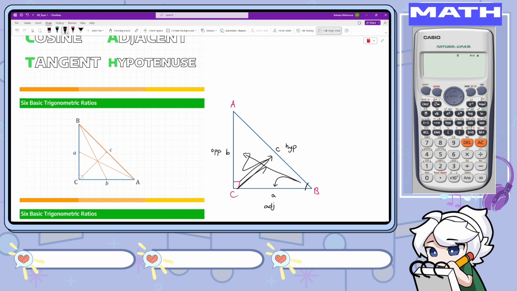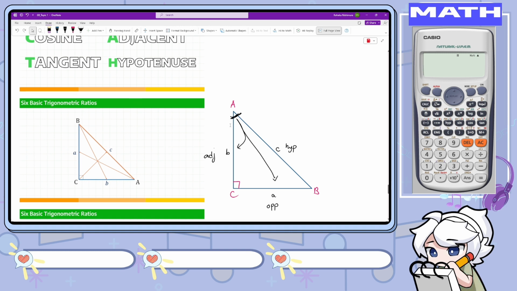But keep in mind, if we have the following illustration wherein we don't focus on B, but rather we focus on A, meaning we focus on this angle, then in this particular case, a is now the opposite, and b is now the adjacent. But whatever happens, c is still the same, which is the hypotenuse.